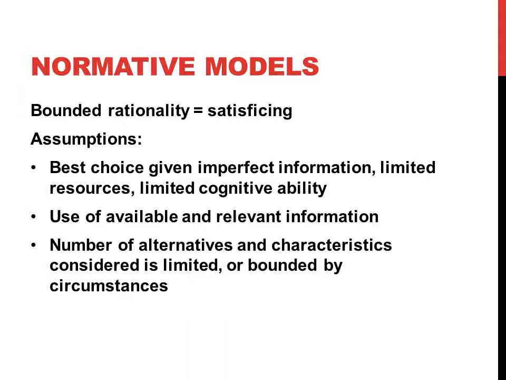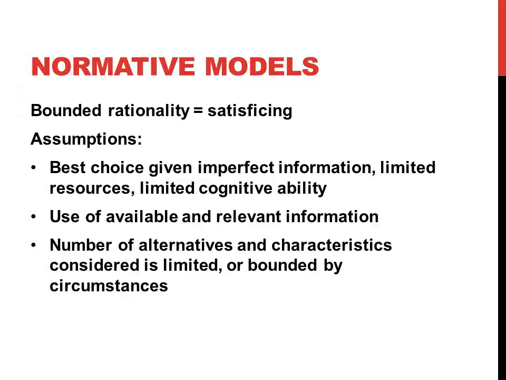And so the new assumptions become that the best choice that we make is always based on imperfect information, limited resources, or limited cognitive ability. So what the decision makers do is they use available and relevant information, and the number of alternatives and characteristics that we consider within the decision process is limited or bounded by the specific circumstances.